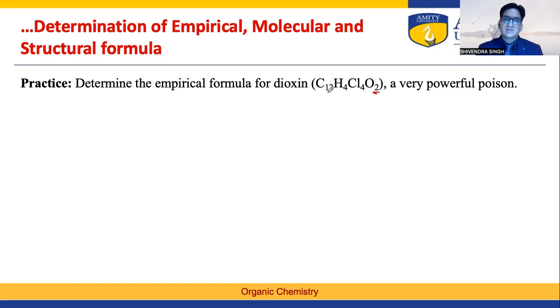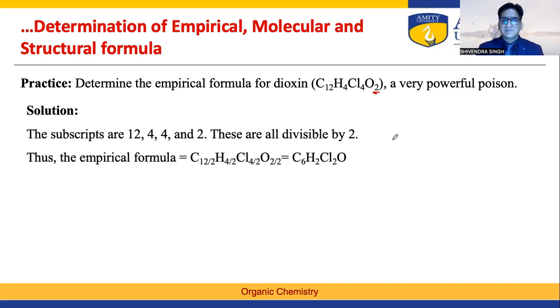So we divide all the stoichiometric numbers of atoms in the molecule by 2, and we find that C6H2Cl2O is the empirical formula of dioxin.